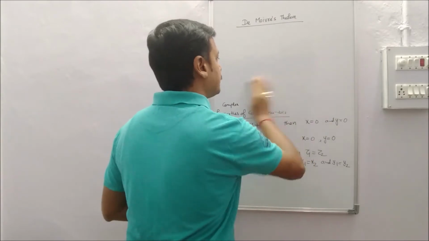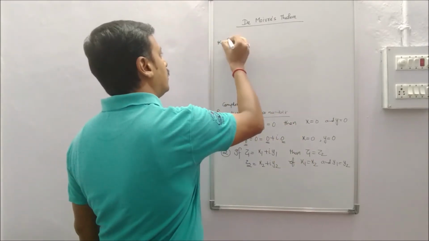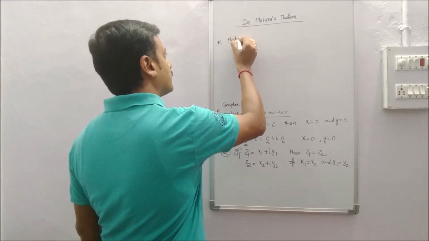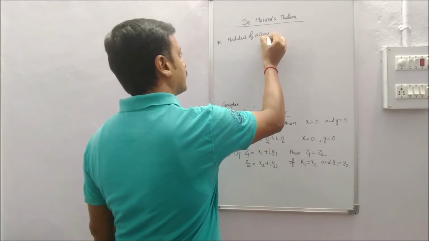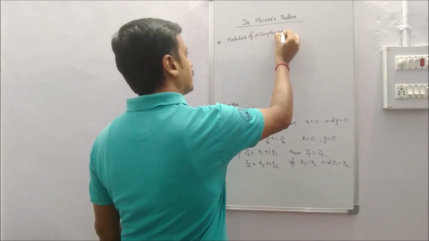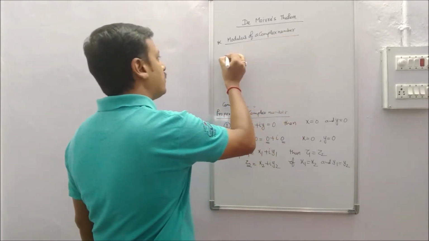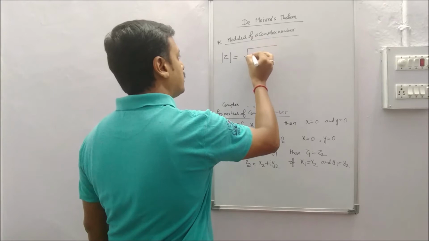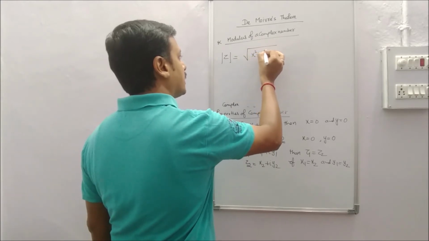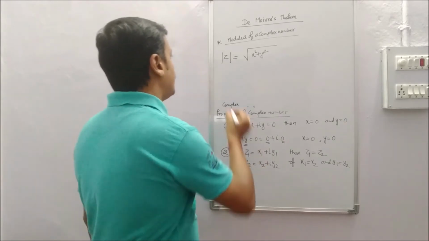Next is the modulus of a complex number. Modulus of a complex number is represented by mod of z, which is equal to root over x square plus y square.